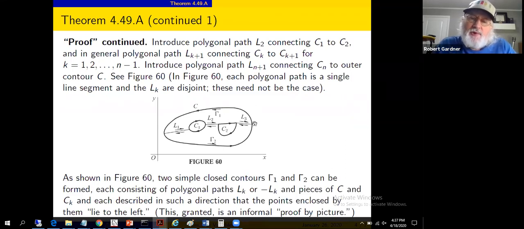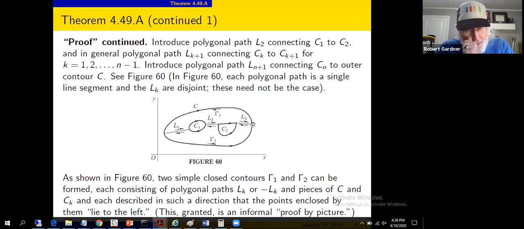So what we're going to do in their picture is we're taking a piece of contour C, then we're picking up a contour along L1, remember potentially a polygonal path, but anyhow, the picture's clean with straight line segments. We're going along L1 in one direction. Then we're going to go along C sub 1 in its orientation. Then we're going to go along L sub 2 in one direction. And then we're going to go along C sub 2 in its orientation and so forth and connect back to C.